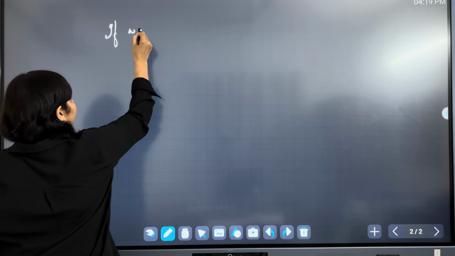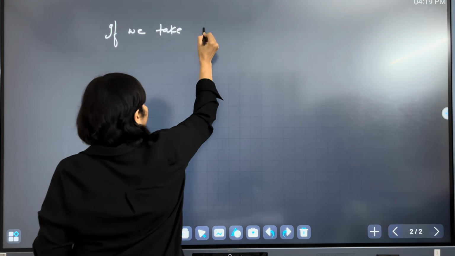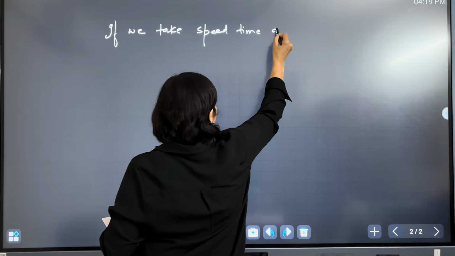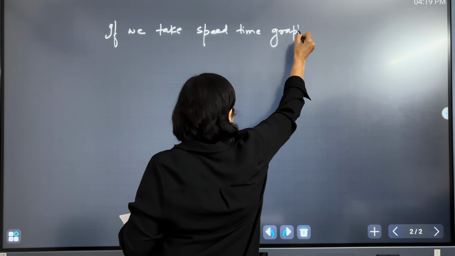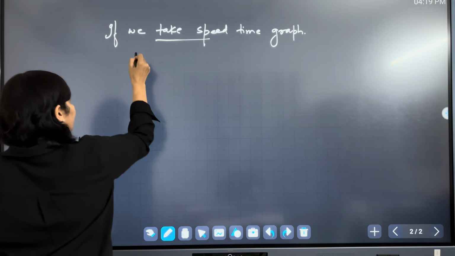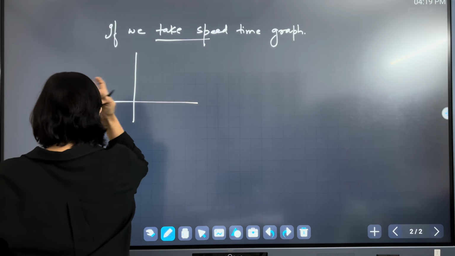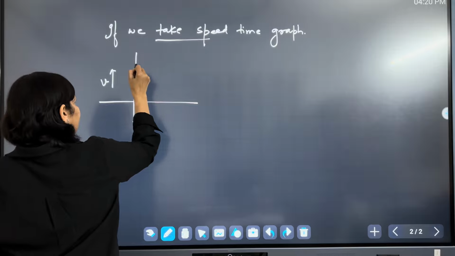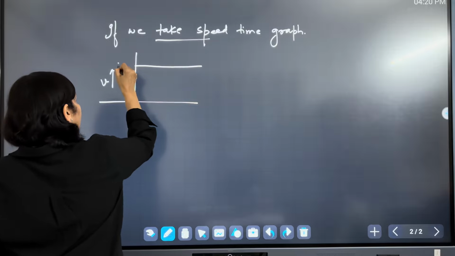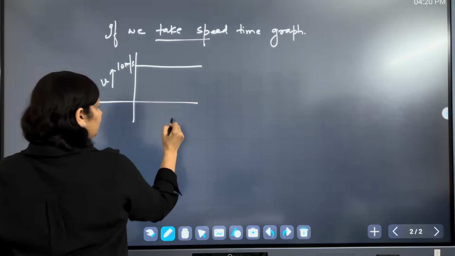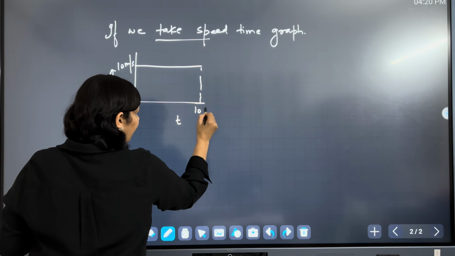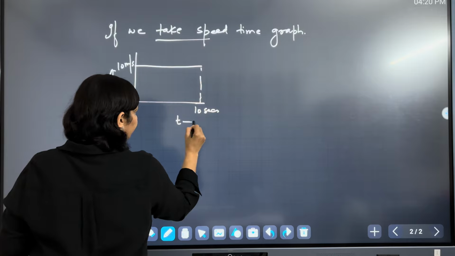Okay, now, for example, if we take a speed time graph, okay, and the graph is like this, the speed of an object is, so what is the meaning of this? For example, this is time here is 10 seconds, okay?